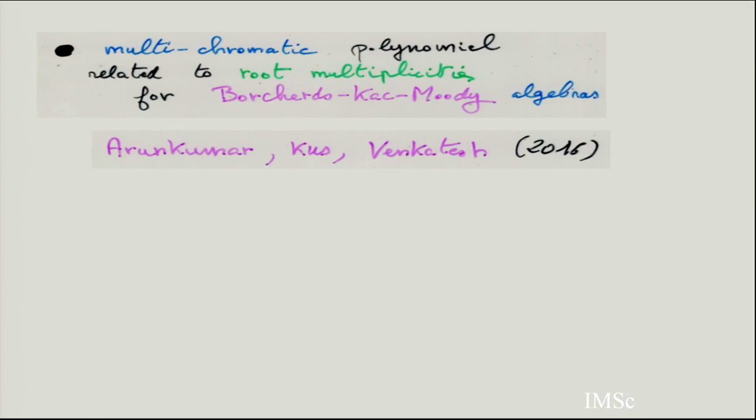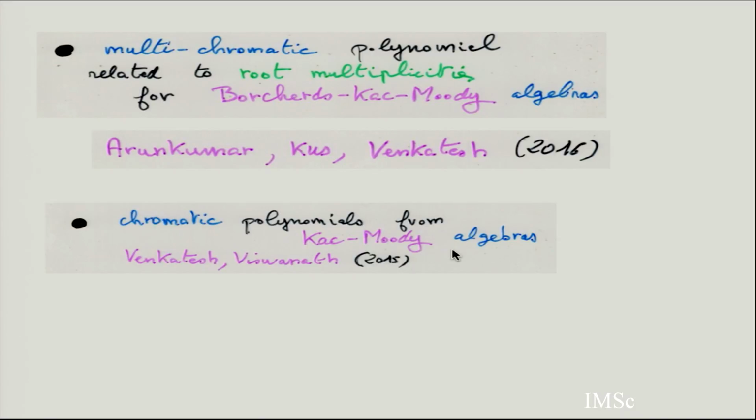So let's go to the multicoloring polynomial. There is a beautiful paper, which is an extension of the chromatic polynomial, by Venkatesh and Viswanath and Arun Kumar. A beautiful paper about the relationship between the chromatic polynomial and Kac-Moody algebra, and between the multichromatic polynomial and the root multiplicity of an algebra extending Borcherds algebras.